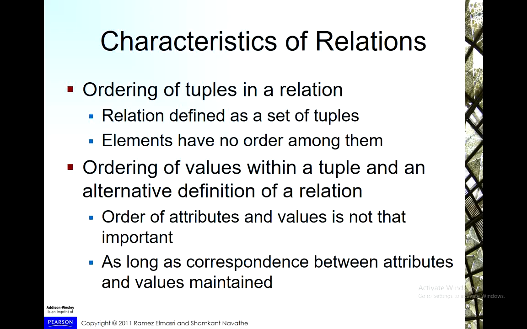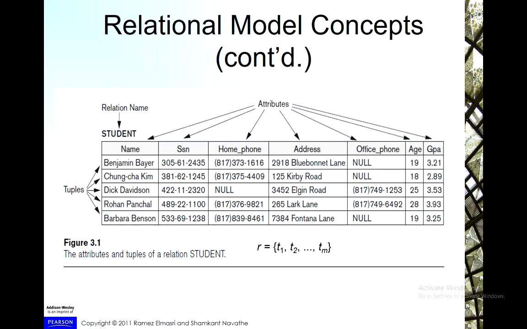Let me give you an example here, going back to this figure. These are 5 tuples that constitute this student relation. In any order, if this person comes in the beginning or in the middle or at the bottom, it doesn't make any difference. You are not changing the order of one single attribute, you are changing the order of the whole record.